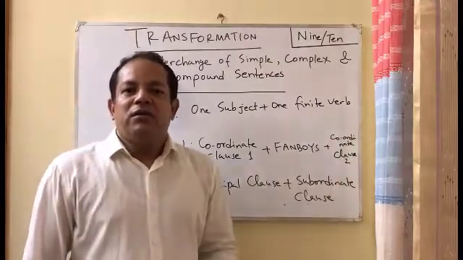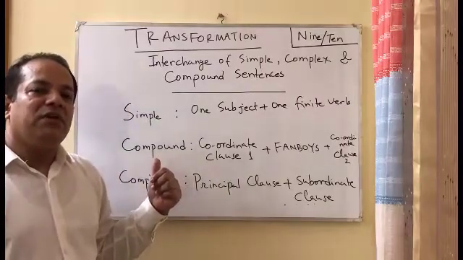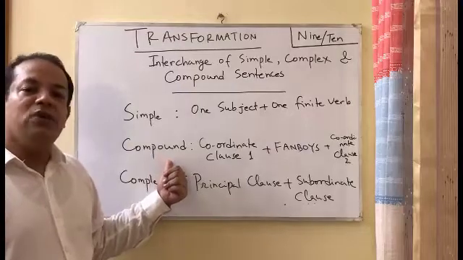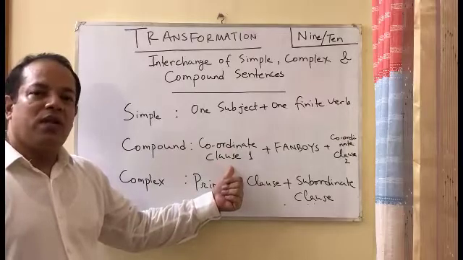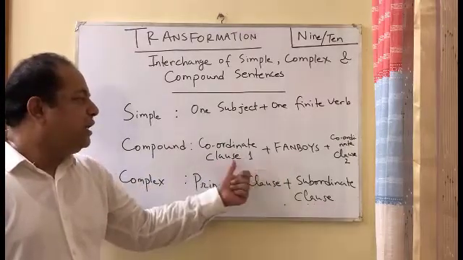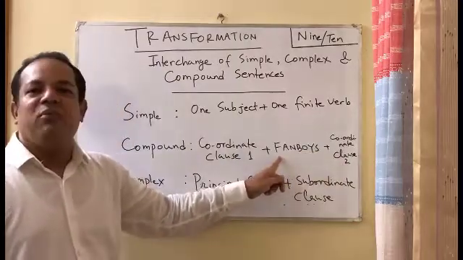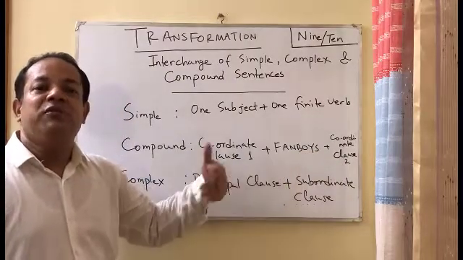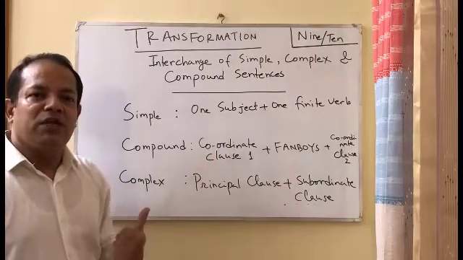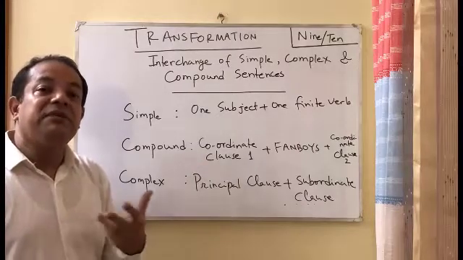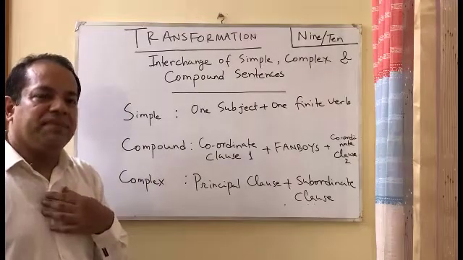So let me explain it again. In compound sentence, you will see coordinate clause 1, and to link coordinate clause 1 and coordinate clause 2, you have to use FANBOYS. As I told you before, FANBOYS stands for coordinating conjunctions in compound sentence. These are the very basic ideas you must have, I think.